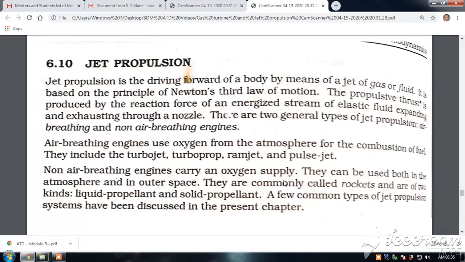So in the next four talks, I will be going through one by one. First, I will go through the turbojet propulsion, then turboprop propulsion, ramjet propulsion, and the last one we will be discussing about the rockets. So these are a very important part because for most of the examinations, this theory part is asked, and you need to draw neat sketches.